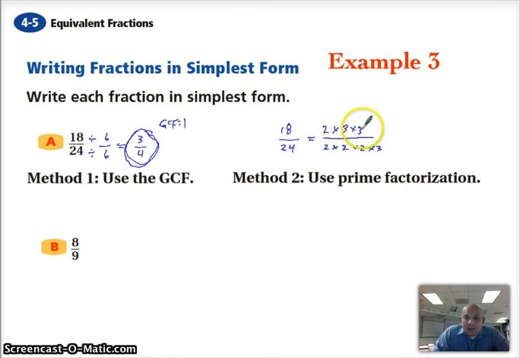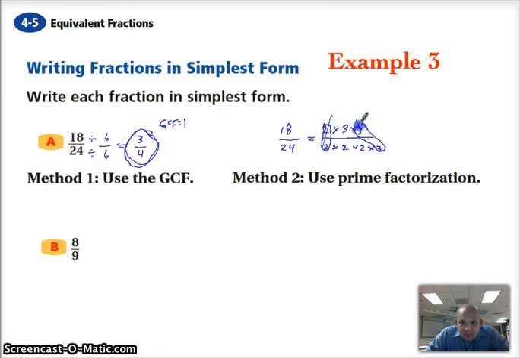And then we have all the factors here. We're going to have to double check. 2 times 2 is 4, times 2 is 8, times 3 is 24. So I've got the right prime factorization. Now I'm going to look at what they have in common. And when I look at what they have in common, they have these 2's in common. They have these 3's in common.